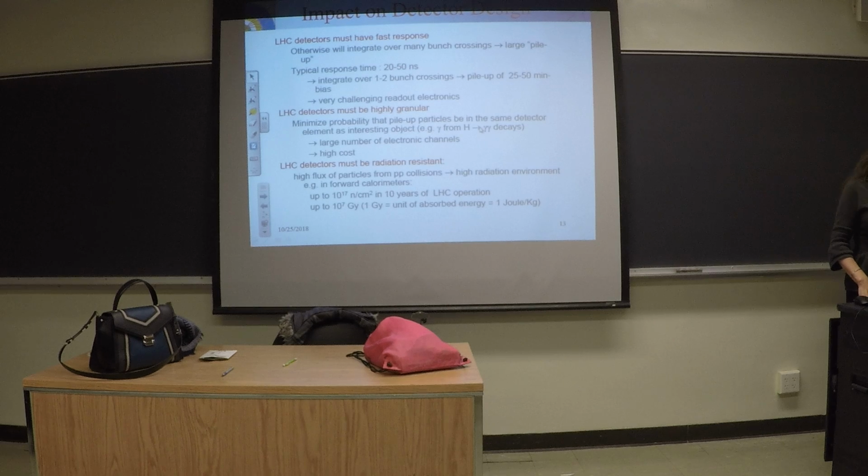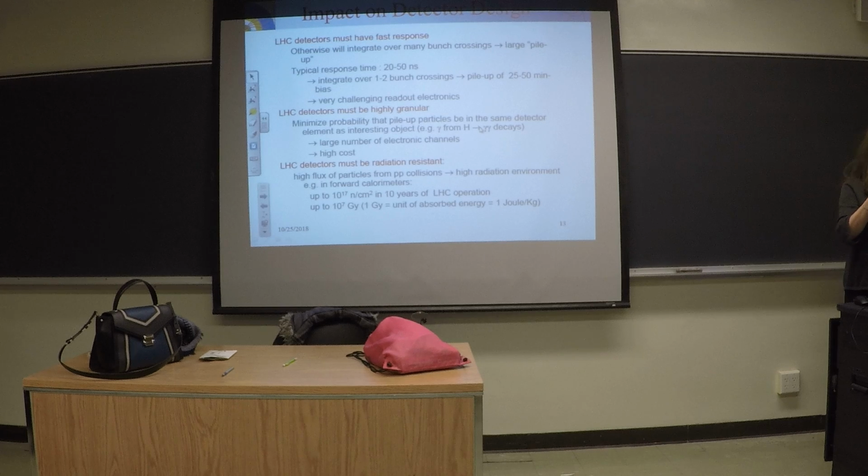Now, an LHC detector must also be highly granular, because I want to minimize the probability that pile up particles will be in the same detector. If I'm trying to find a Higgs that goes to 2 photons, I want to make sure that these 2 photons didn't enter the same piece of scintillator or piece of cesium iodide or whatever crystal I have.